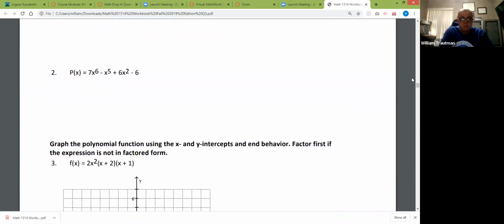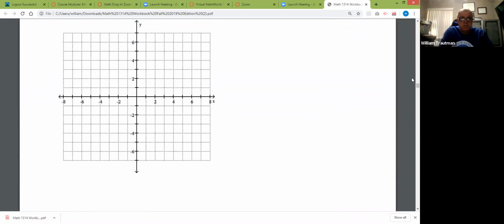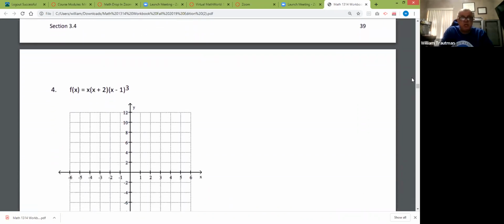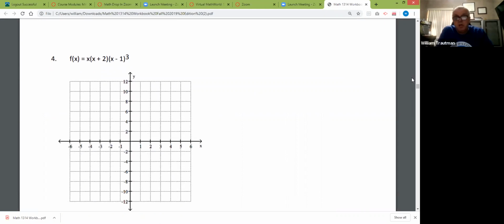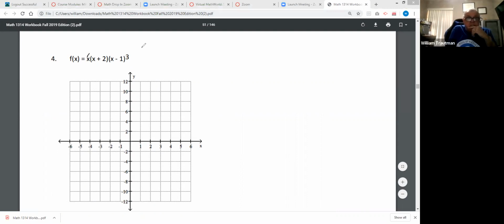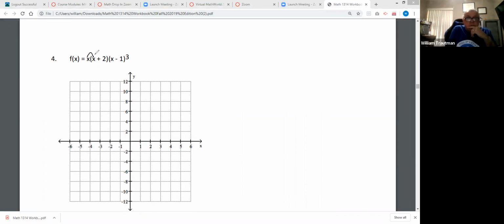All right, so we are on this problem. We're going to try this one again. Let's look at what the end behavior is first. This is x times x, which is x^2.